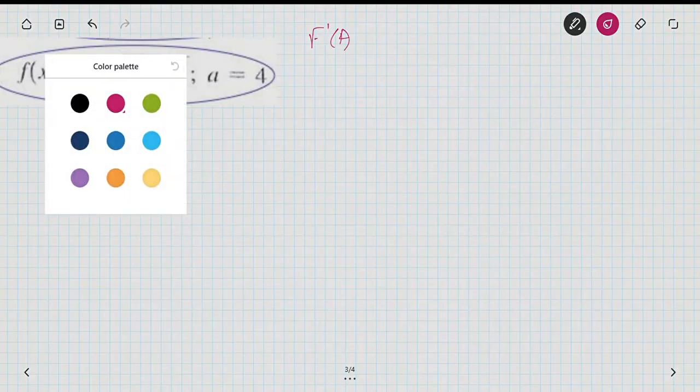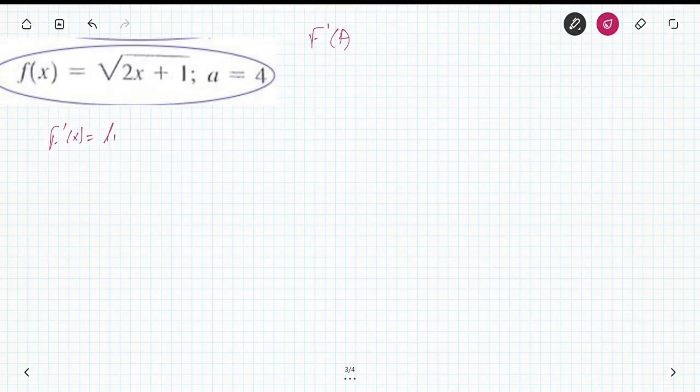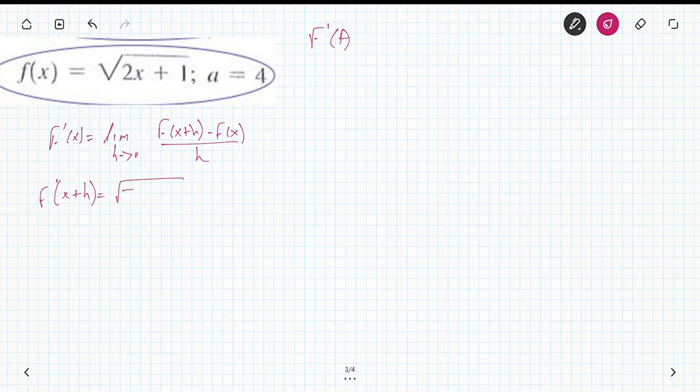It's going to be the limit as h approaches 0 of f of x plus h minus f of x over h. We know what f of x is, but we don't know what f of x plus h turns into. So this is going to be the square root of 2(x plus h) plus 1.